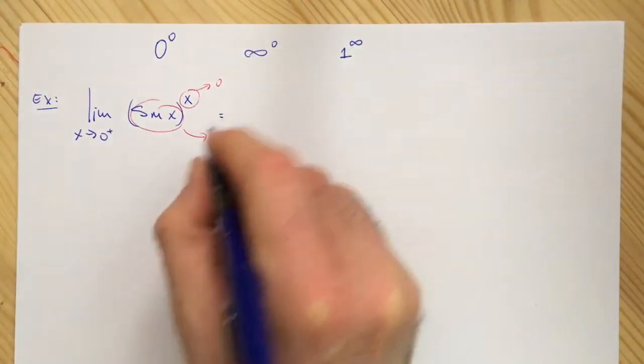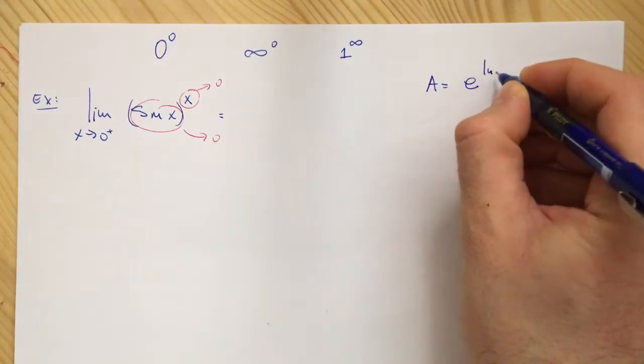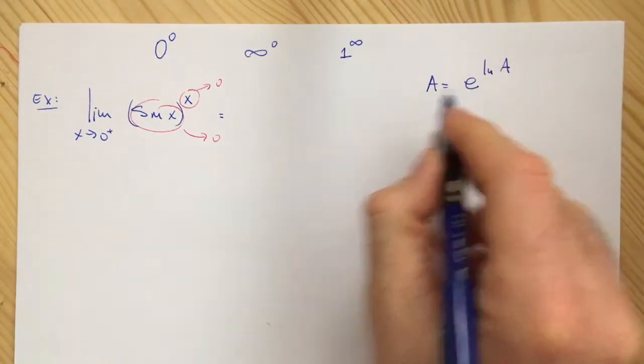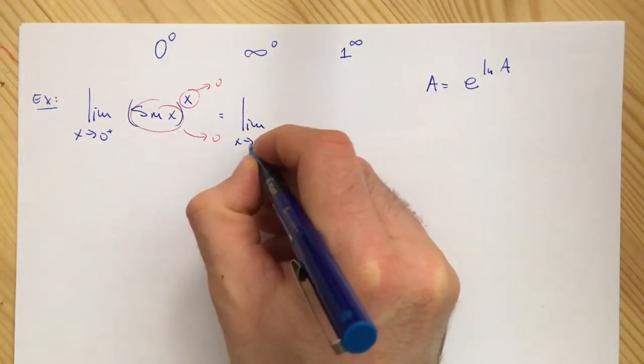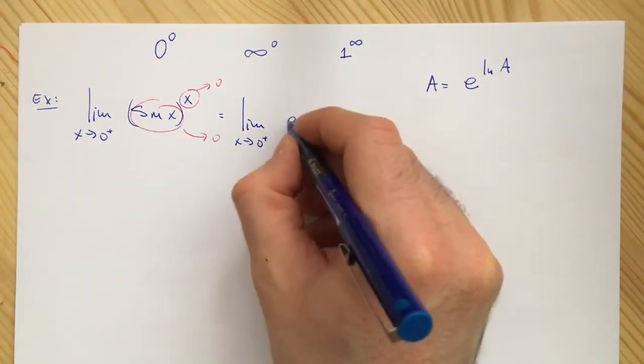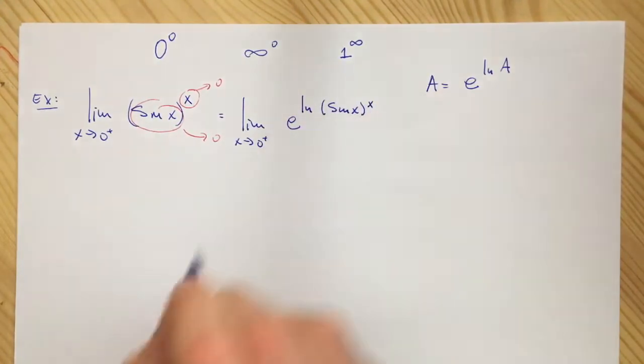Just recall that a is equal to e to the power of ln of a. I'm going to use this property to rewrite this limit as e to the power of ln of sine of x to the power of x.